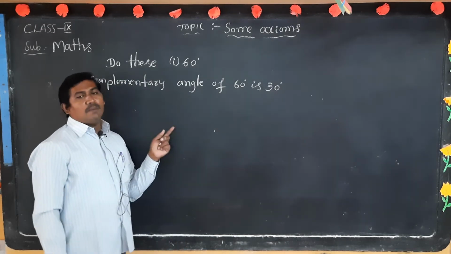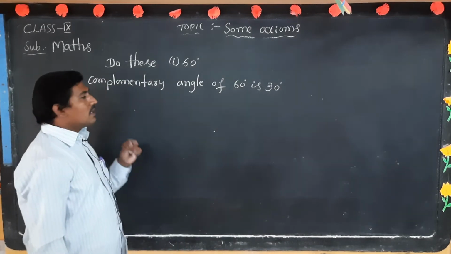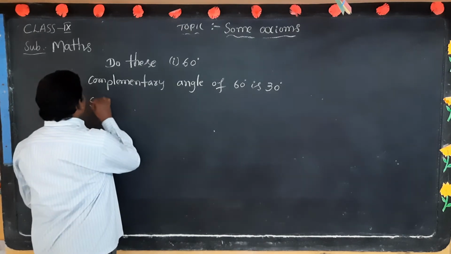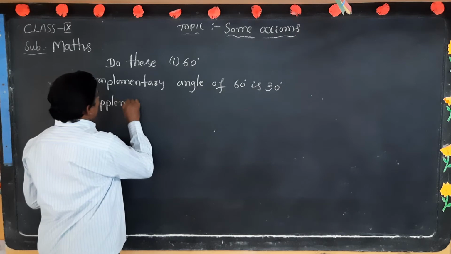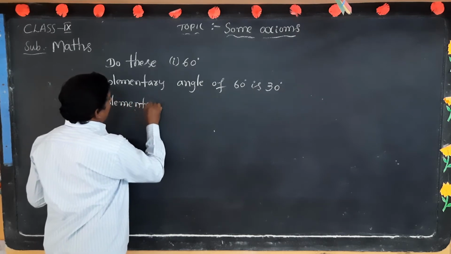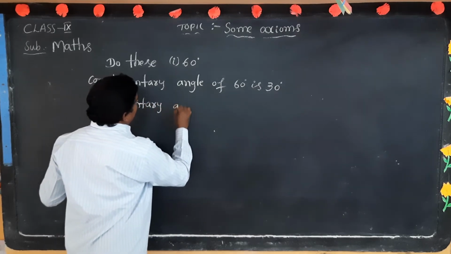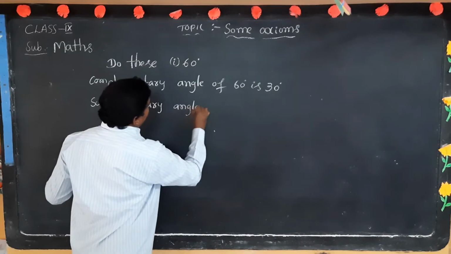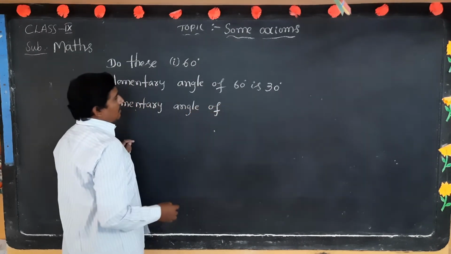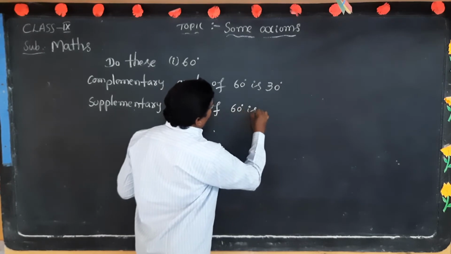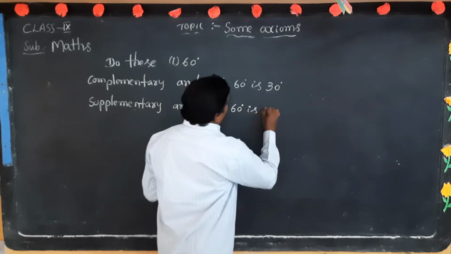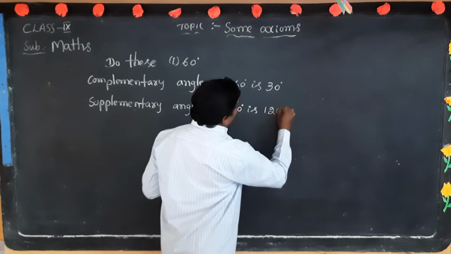That's why we said complementary means the sum of two angles is 90 degrees. The supplementary angle of 60 degrees is 120 degrees.